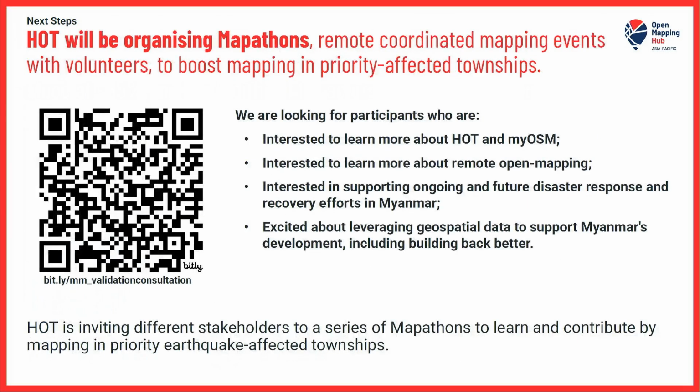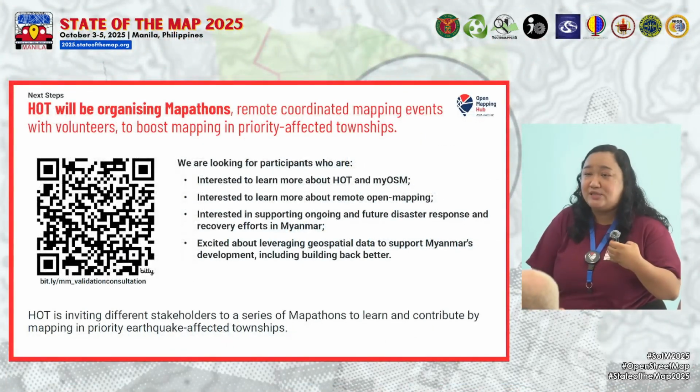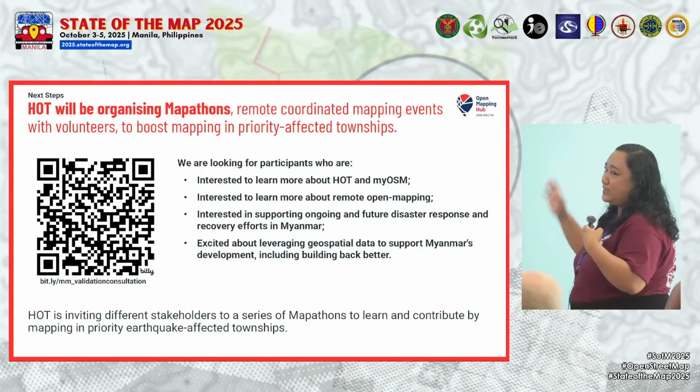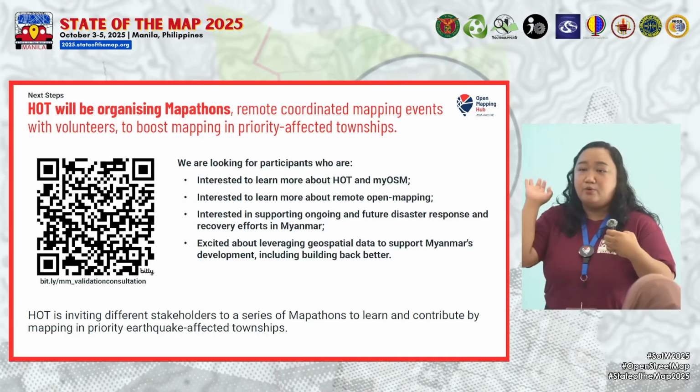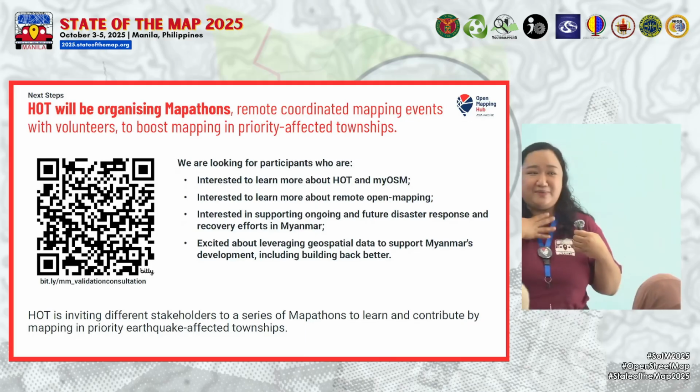So please scan the QR code if you are interested to join our mapathons for Myanmar. So we still have some townships, rural parts of Myanmar that we can map for this. So that's it for me.